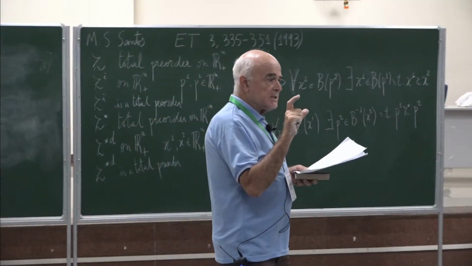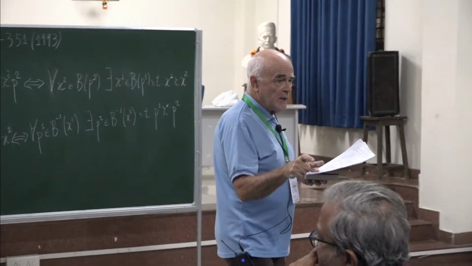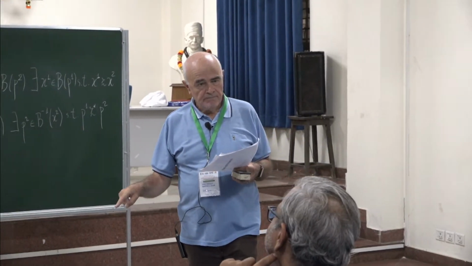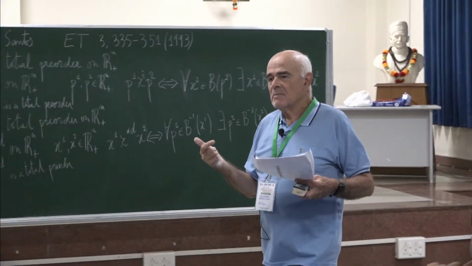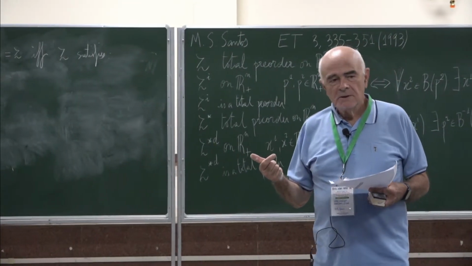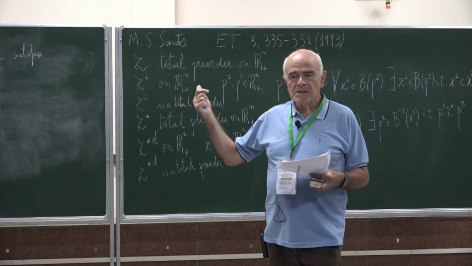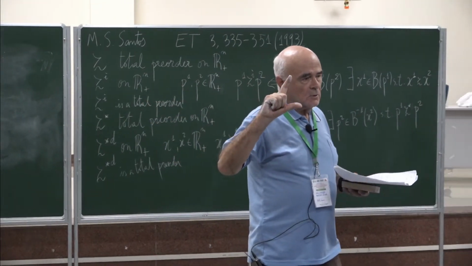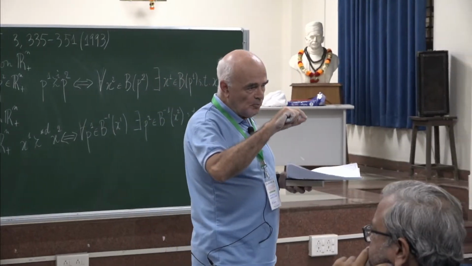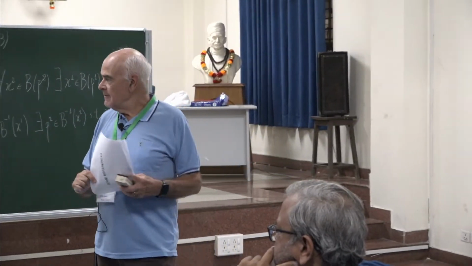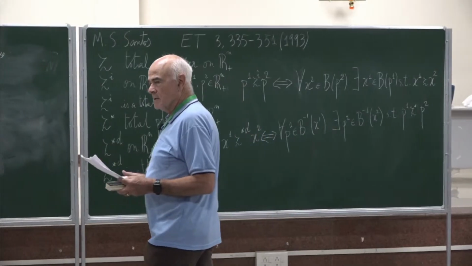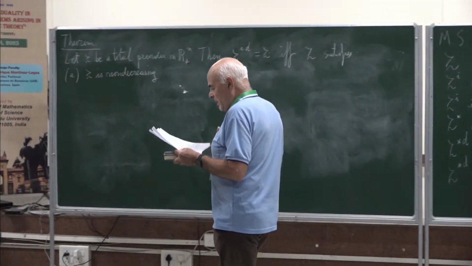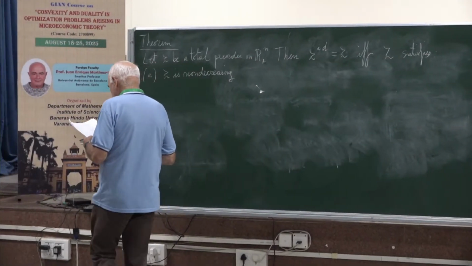If x is greater than or equal to y, component-wise, then x is at least as good as y. In mathematical terminology, this is an extension of the partial order relation, component-wise order relation, okay? This is the meaning of non-increasing, which we have already used.